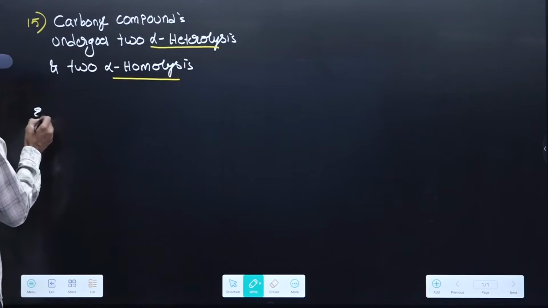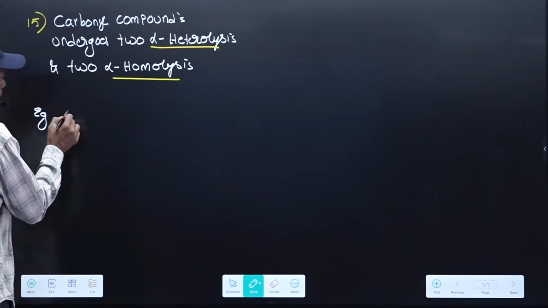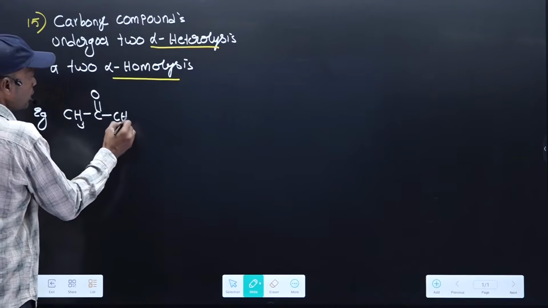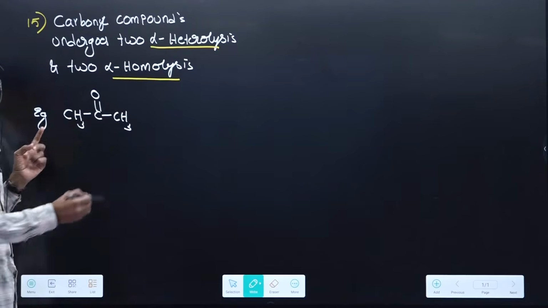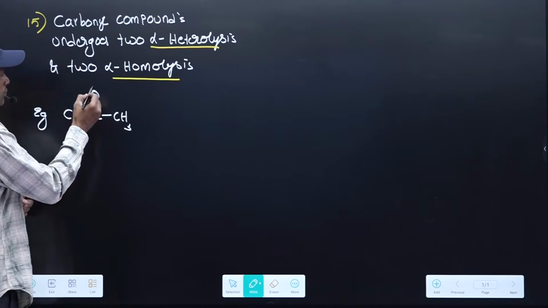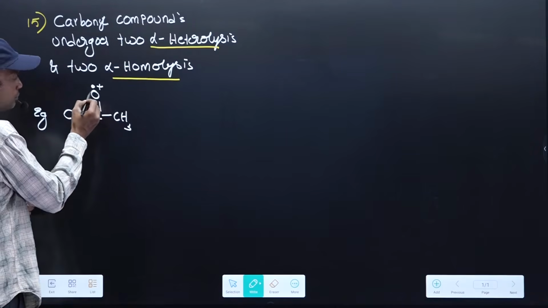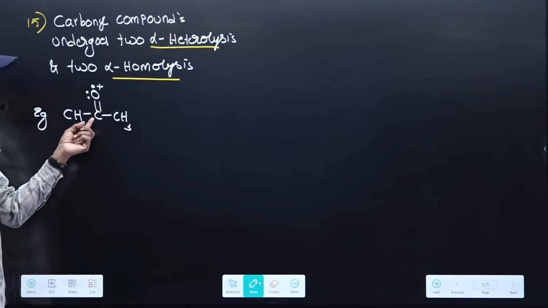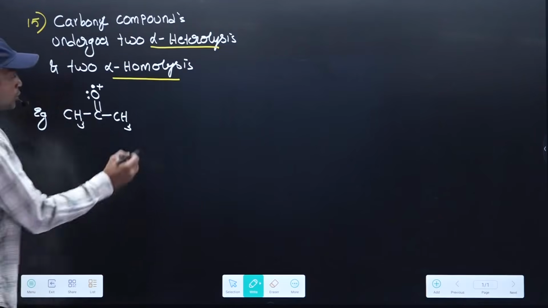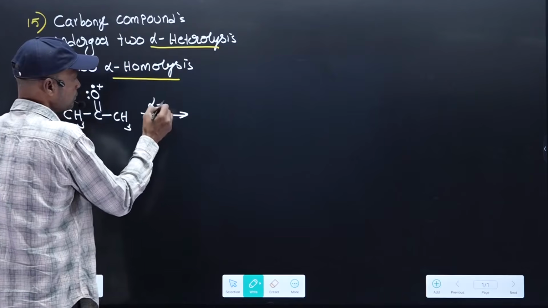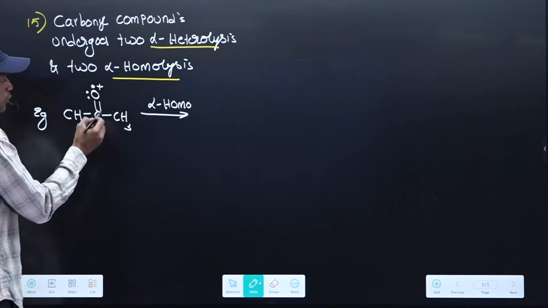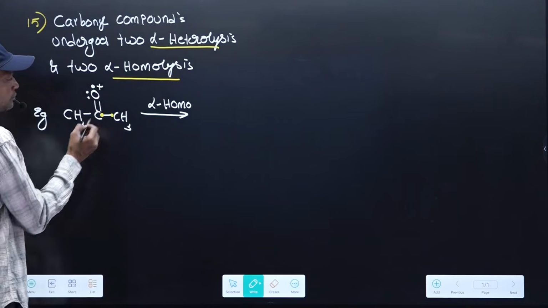Okay, so this is one of the examples. See, the carbonyl compound after formation of the molecular ion. How to write the molecular ion? By removing one of the electrons, you can write it like this: radical cation, and here a lone pair. Here I want to do alpha homolysis. If I do alpha homolysis, can I break this side or not?